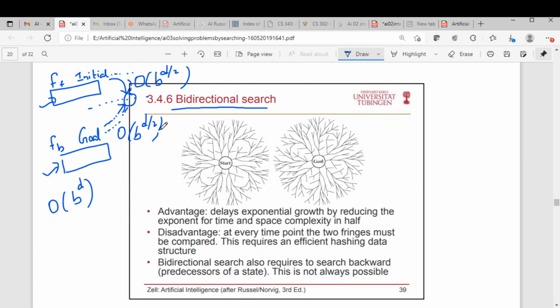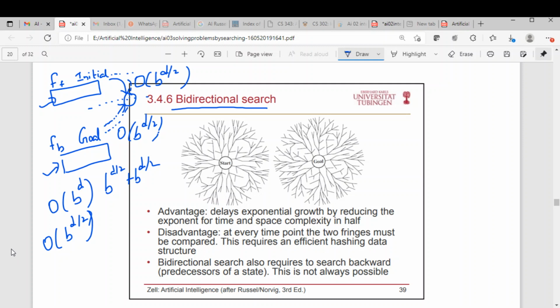Actually the time complexity will be b to the power d by 2 plus b to the power d by 2.